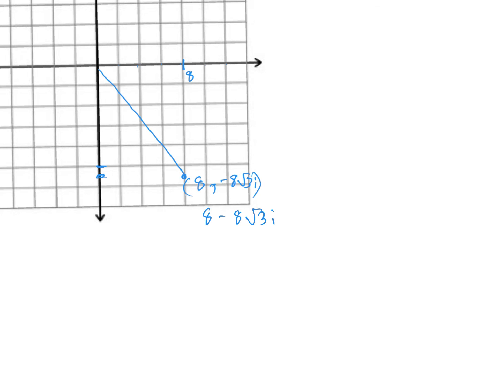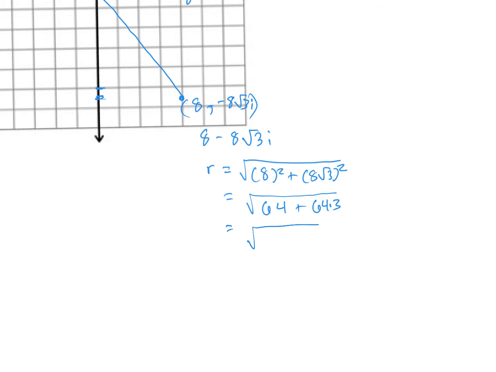So first, we want to find our absolute value, the actual distance of the line. So our absolute value, and we'll call this r, would be the square root of 8 squared plus 8 root 3 squared, which gives me 64 plus 64 times 3, which is 64 plus 192.